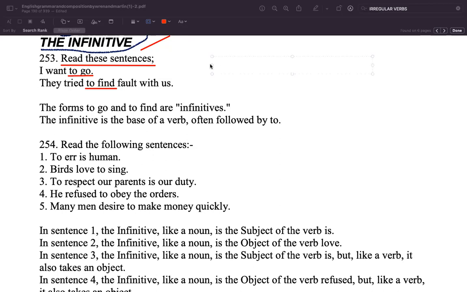To go is actually a verb, but it acts as a noun in the sentence, used in the position of object or subject. If it is used as the object or subject of the sentence, it will be called a noun.